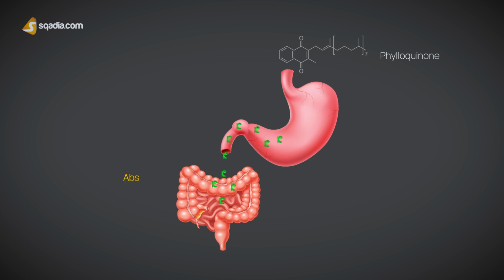It is absorbed in the jejunum and ileum in a process that is dependent on the normal flow of bile and pancreatic juice. And this process is enhanced by dietary fat.